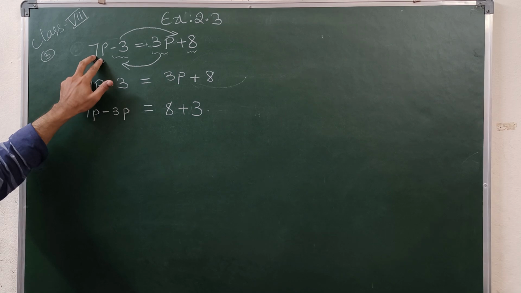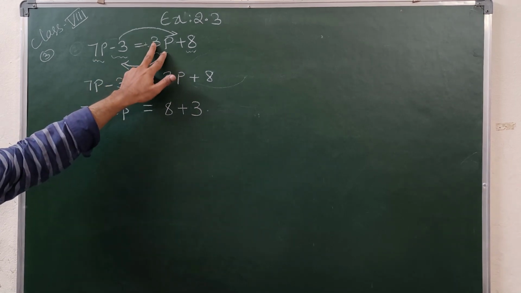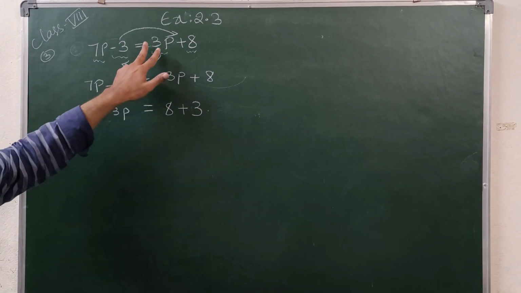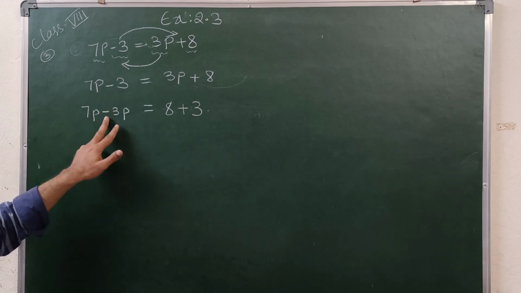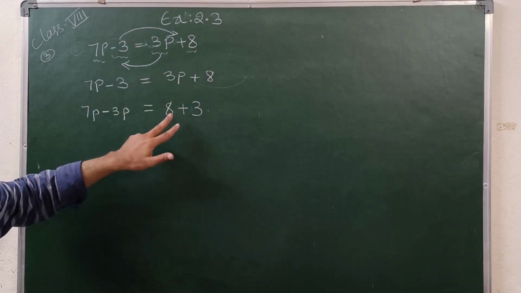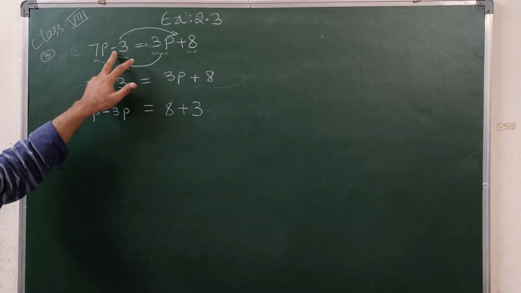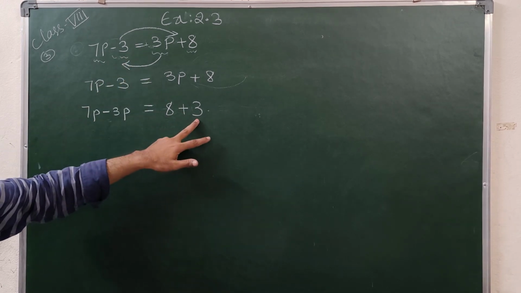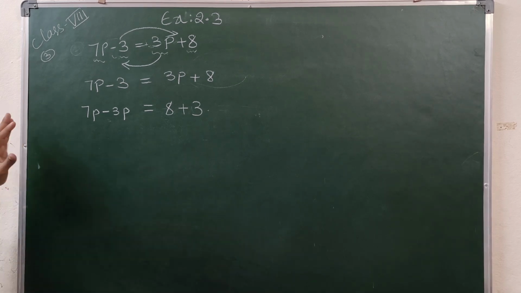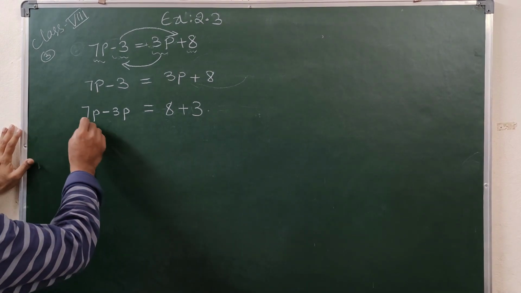Variable terms: 7p as it is here, minus 3p; plus 8 as it is, on the right side, the constant; minus 3 on the left side, plus 3 on the right side. They just change their symbols when they go from one side to the other side.